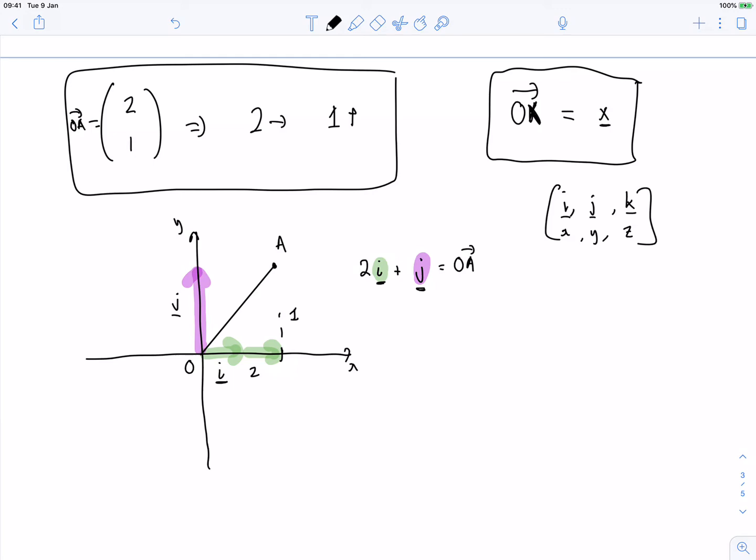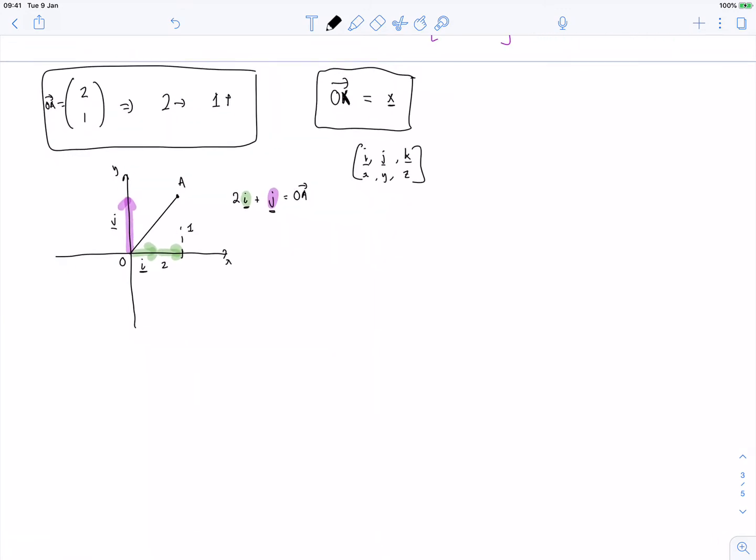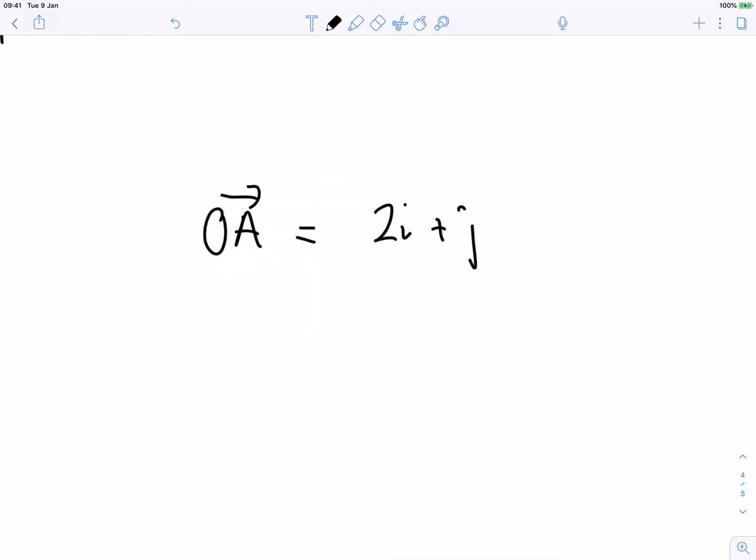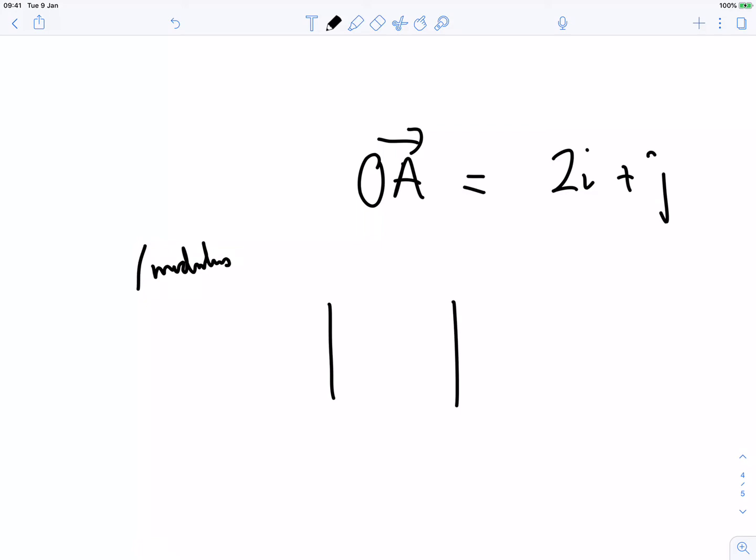The only thing that's a little bit different here is now, I think the more sophistication is, suppose I've got the vector OA, and it's 2i plus j. Okay, now what we talked about in the pure stuff is we talked about this thing called the modulus, or what's called the magnitude.